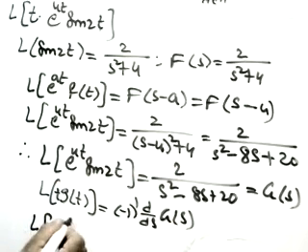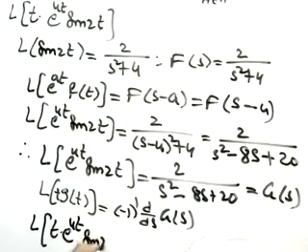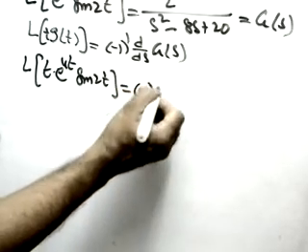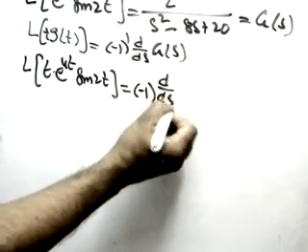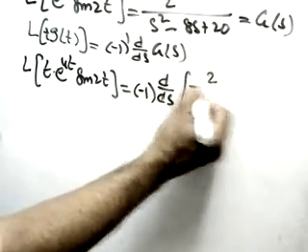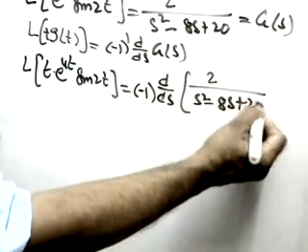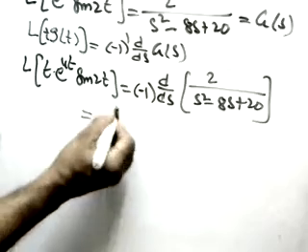What is g of t? This one, e power 4t sine 2t. Now let me use the formula: minus 1 power 1, so minus 1 into d by ds of 2 divided by s square minus 8s plus 20.